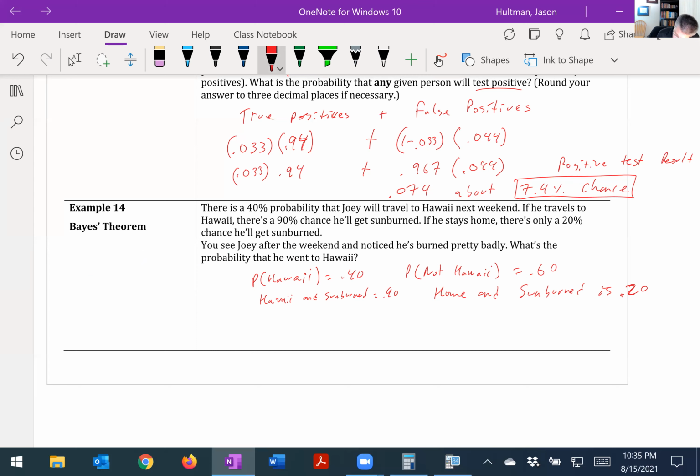The probability that he went to Hawaii, given that we know he's burned, is equal to the probability that he was burned in Hawaii over the probability of him just being burned. It's conditional probability.